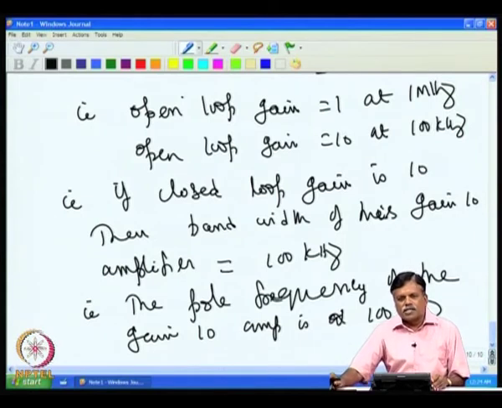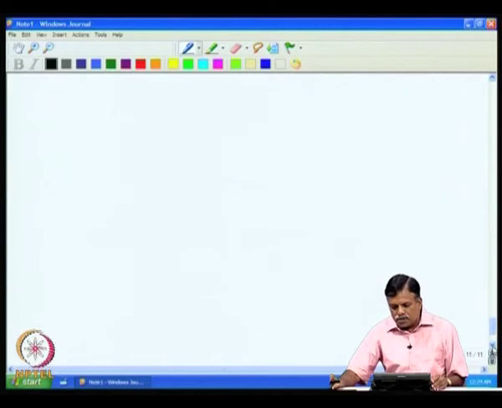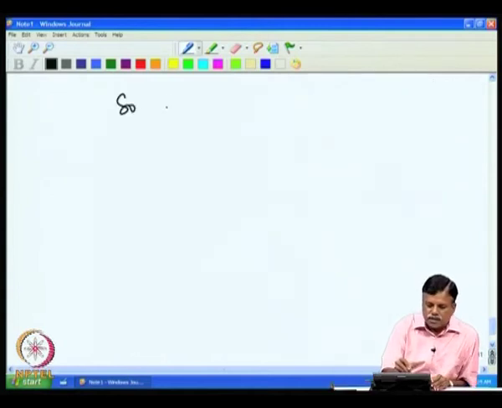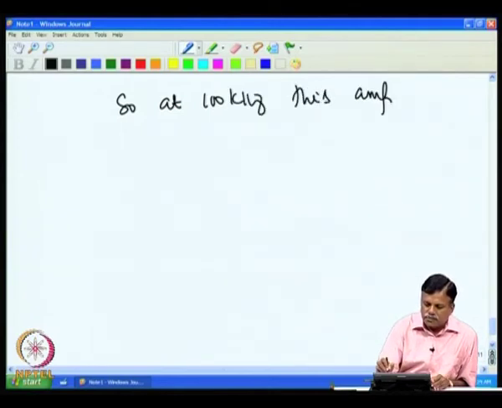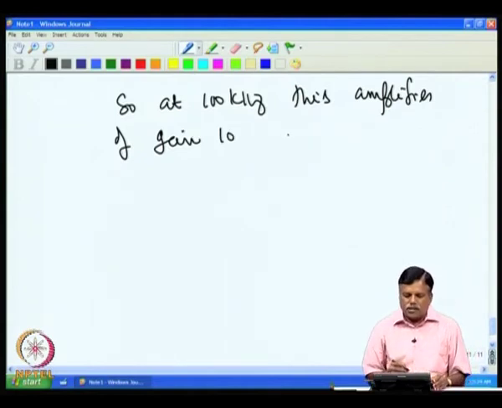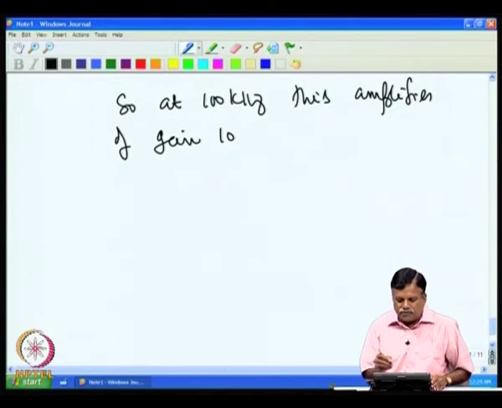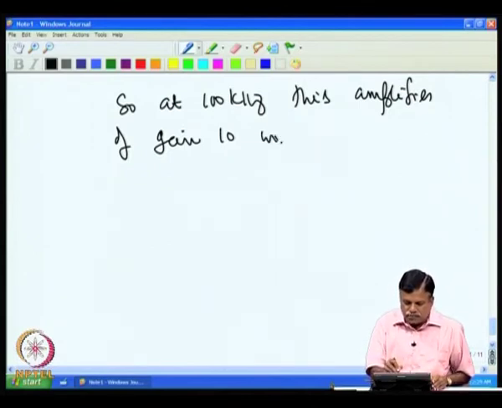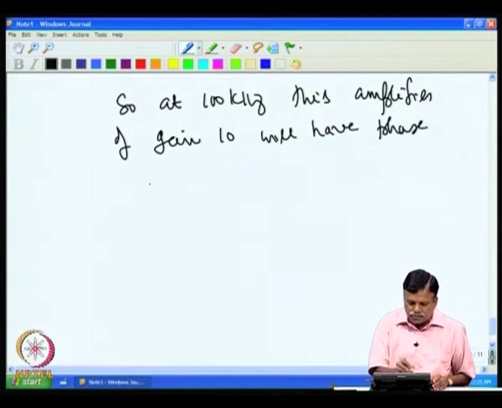So, at 100 kilohertz this amplifier will have 45-degree phase shift. At 100 kilohertz, this amplifier of gain 10 will have a phase shift of 45 degrees.